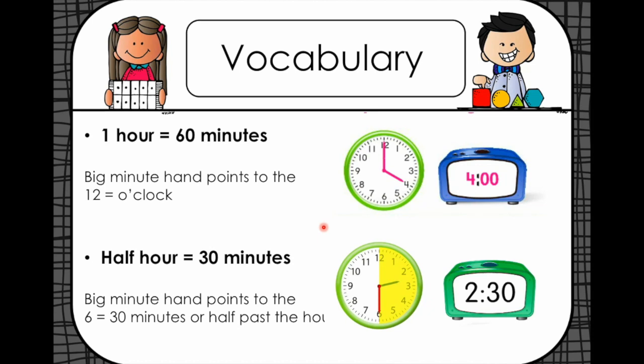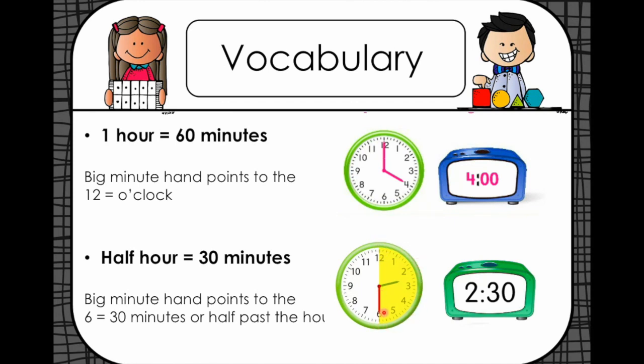Now today what we learned new is something called a half hour. A half hour is 30 minutes, which is what you see happening here on this clock. When the minute hand is on the 12, that means it's a new hour, 4 o'clock. However, if the red minute hand is pointing to the 6, it's only going halfway around the clock.